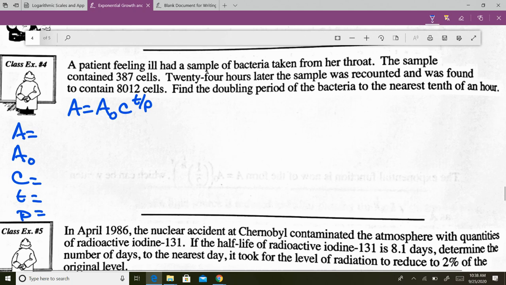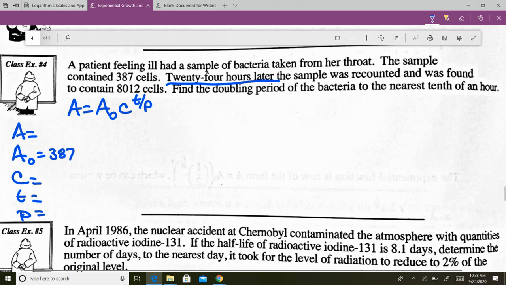All right. A naught, the initial amount. How much did we start with? 387 cells. Everybody agree with that? Okay, 387. So A naught is 387. 24 hours later. What does that represent?